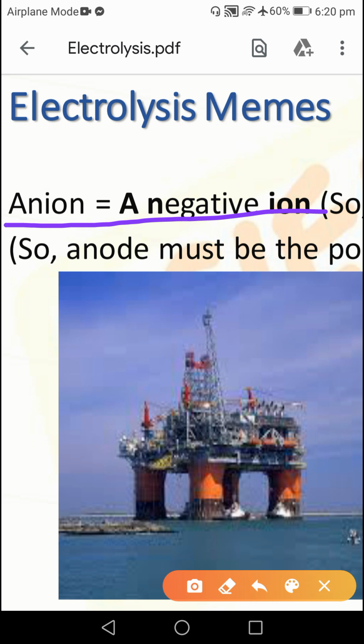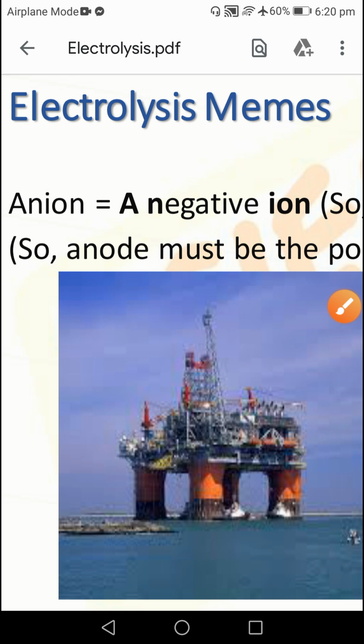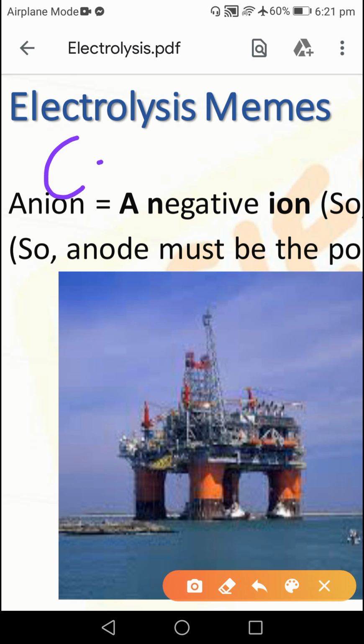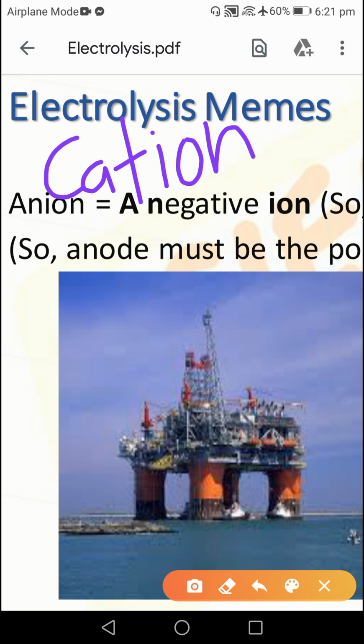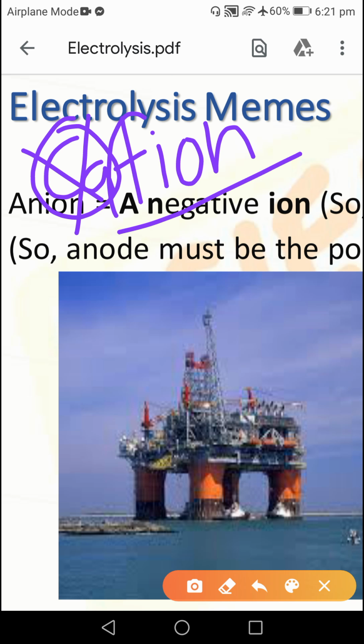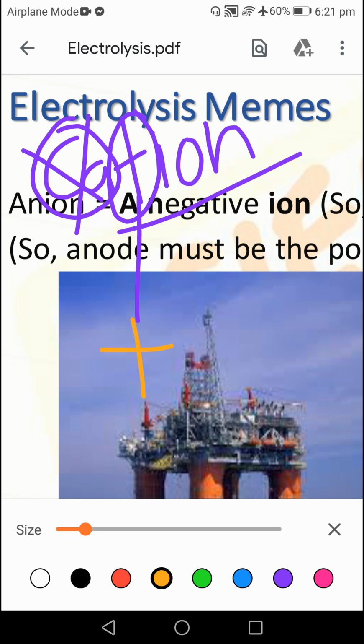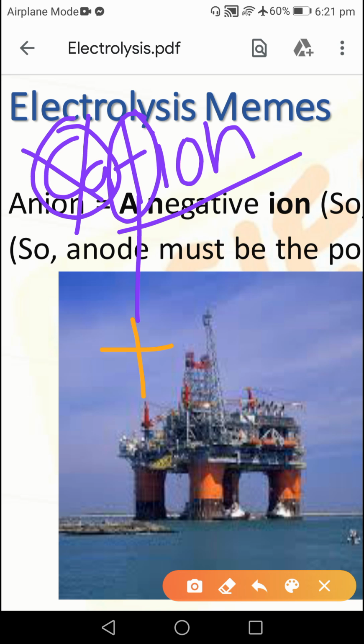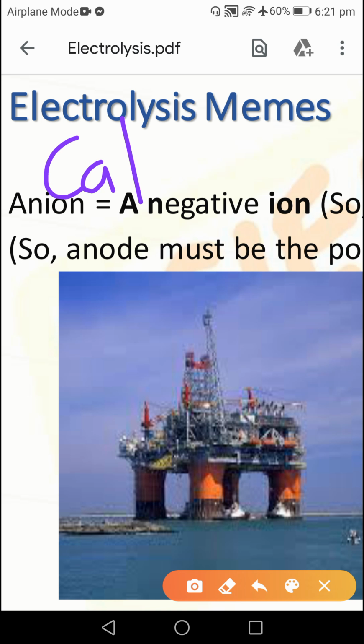If you don't want to remember this, you can also keep in mind the cation. I imagine it this way: CATION. Just forget the CA, and you are left with TION. Imagine the T as a plus.